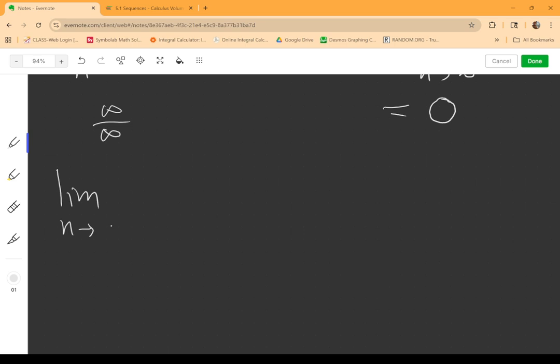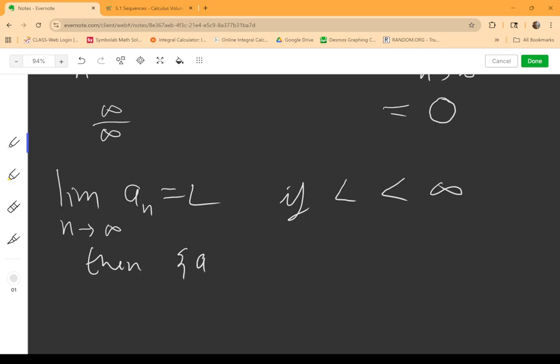The limit as n goes to infinity of a sub n is equal to L. Now if this value of L is less than infinity, in other words, is some constant, then we say that the sequence a sub n is convergent.